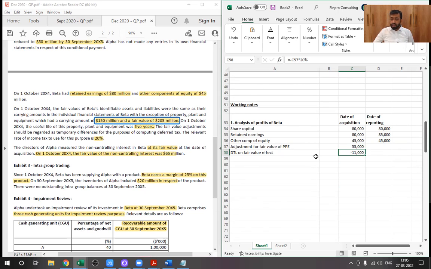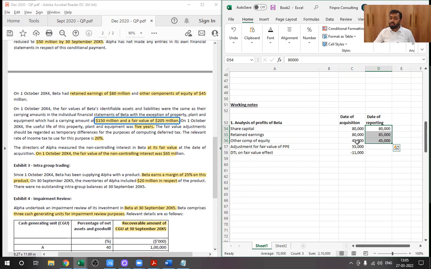Correct? Now, the same assets have a useful life of how many years? 5 years. Am I right? So as on the date of reporting, whatever I have from the standalone financial statements, I have the carrying amount of net assets as on the date of reporting. But in CFS, I should consider fair value of those. So how do I consider fair value of those?